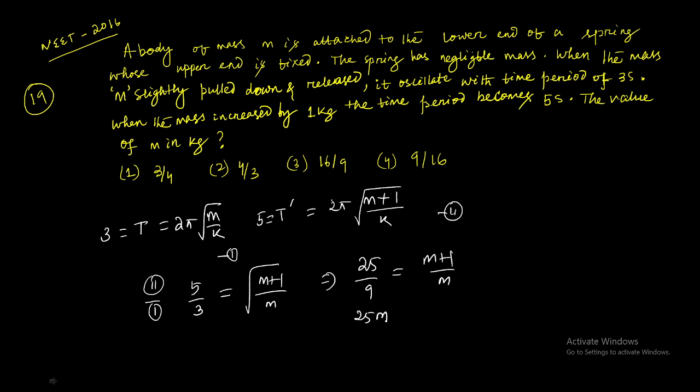So 25m equal to 9m plus 9. So this will be 25m minus 9m. This will be 16m equal to 9. So m equal to 9 by 16 kg. Right? So option number 4 will be correct. 9 by 16 kg.